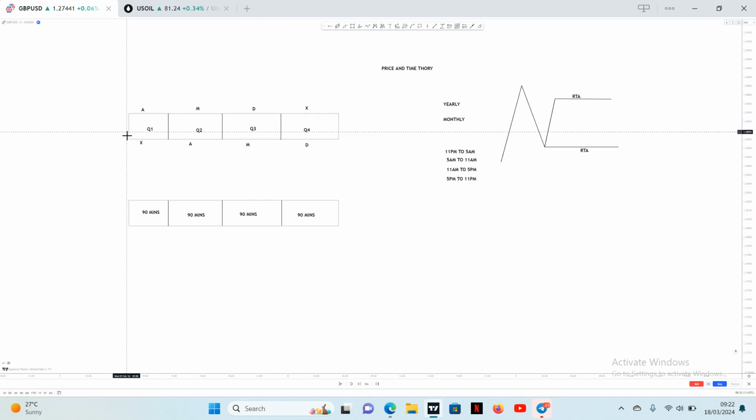you are 60% sure of what the price is going to do each month, each week, each day. So if it was a weekly cycle, if Monday consolidated, remember when we did price cycle, where I said the highs and lows of the week are mostly set on Monday or Tuesday, like 80% of the time. Now, the remaining 20% of the time will be set on Wednesday. And this is why.